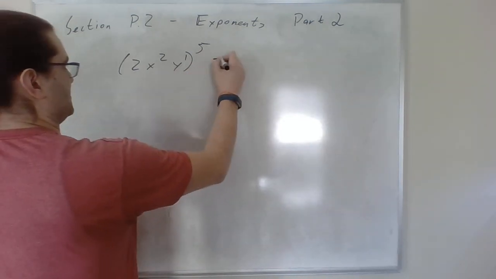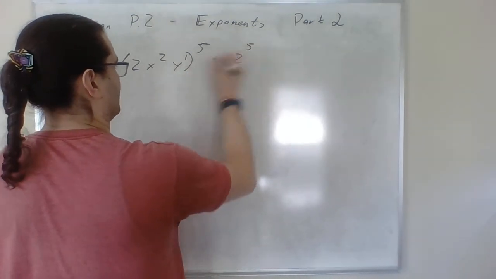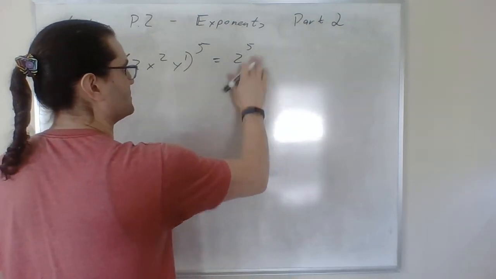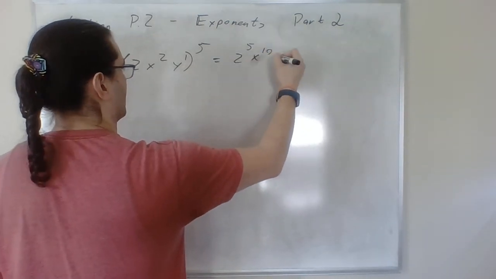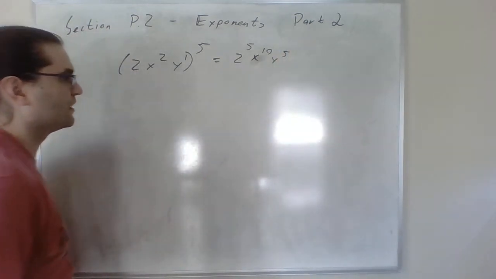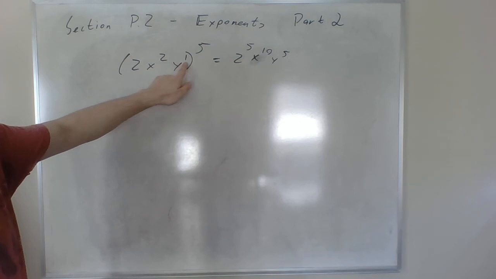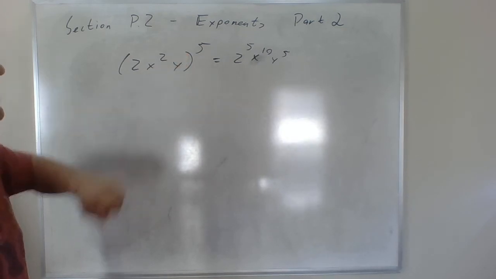So this would be 2 to the fifth, which I think is 32, x to the 10th, and y to the 5th. So always remember that if there's nothing written, the implication is that there's a 1 there.